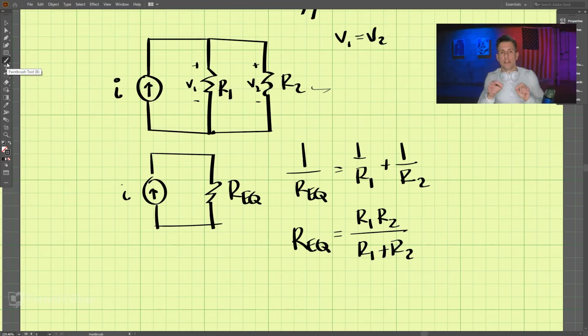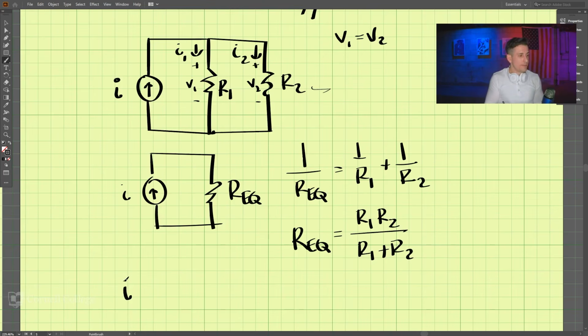Now, when things were in series, we had voltage division. In parallel, now we have current division. So if we look at I1 and I2, I1 goes through here, I2 here.